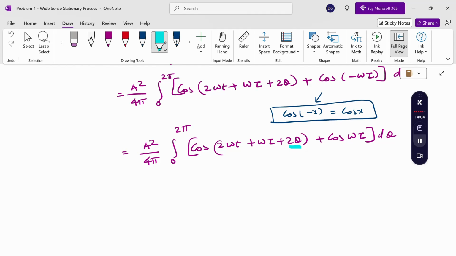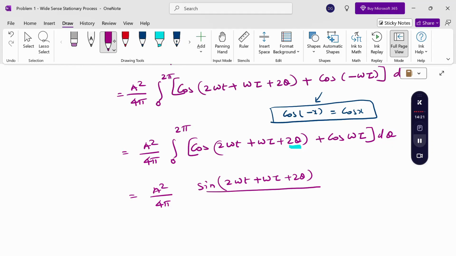The second term has no variable, therefore cos ωτ is constant. A squared by 4π, integrating gives sin(2ωt + ωτ + 2θ) divided by 2, the coefficient of θ written in the denominator, plus cos ωτ times θ, from 0 to 2π.